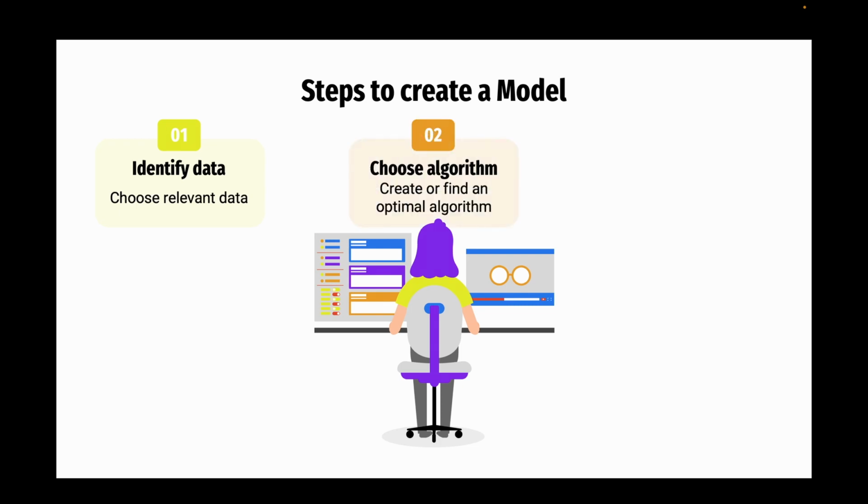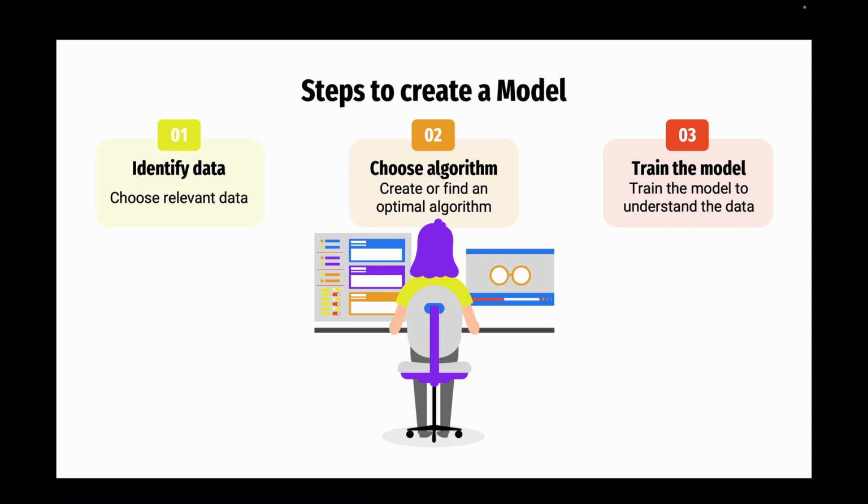Then the second step is to choose an algorithm. In this, we can either create an algorithm from scratch, or we can find an optimal algorithm, which we may think will be best suited for this problem. This step requires a lot of experimentation because there is no set-in-stone rule for which algorithm or which model will be the best for which problem.